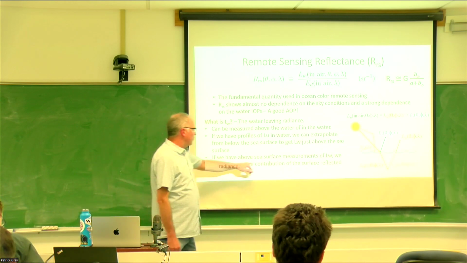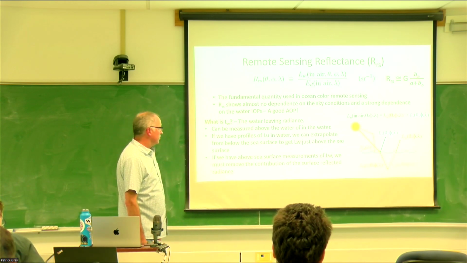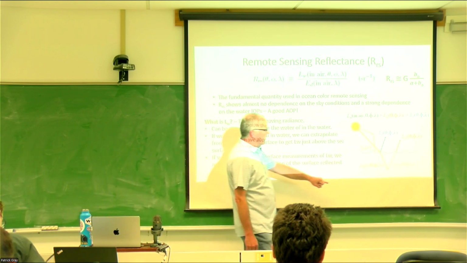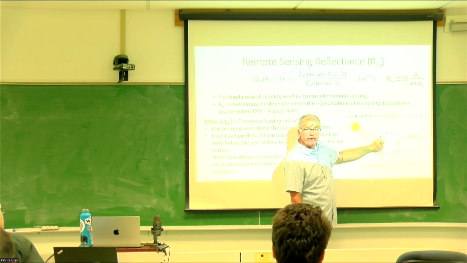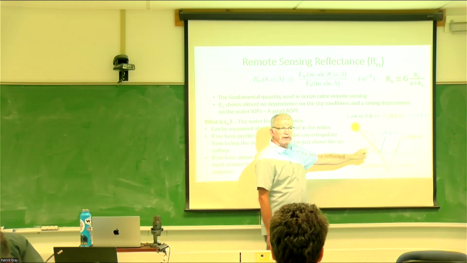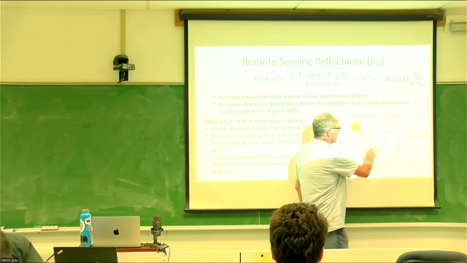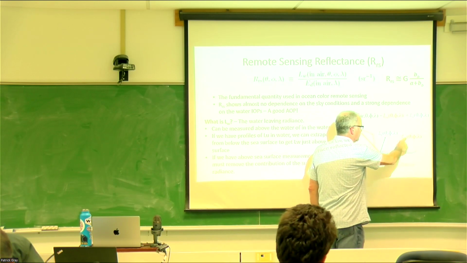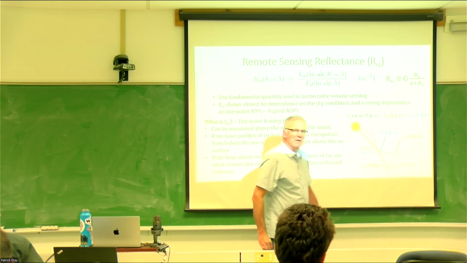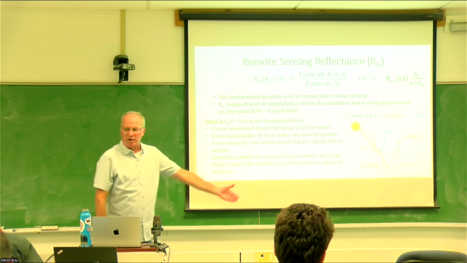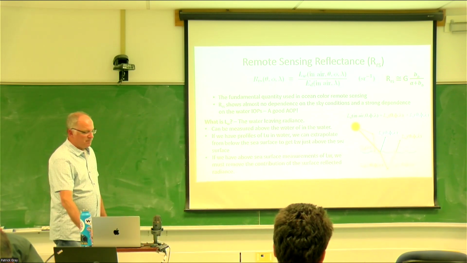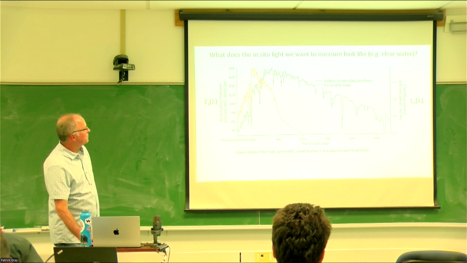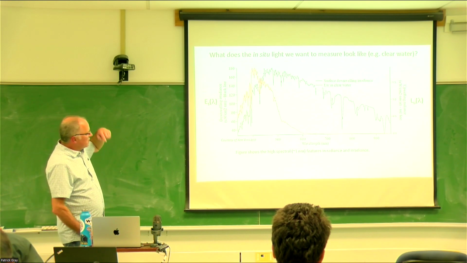If we have above water sea surface measurements of Lw, we must remove this reflectance factor. Because what you're measuring really is L total, and doing it from above, which is the reflectance off the sea, plus the water leaving radiance.